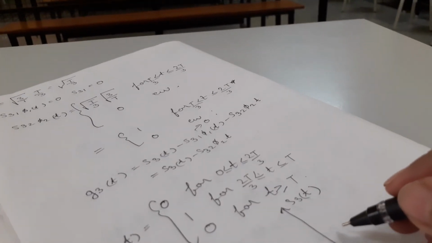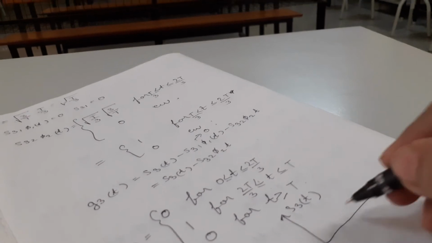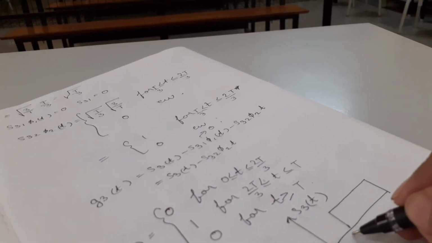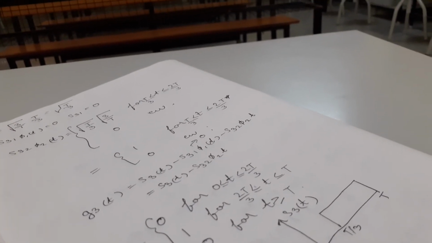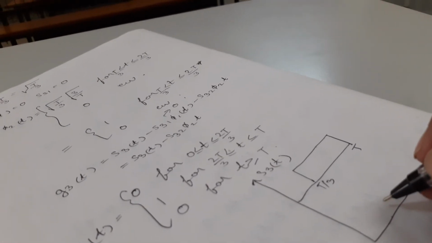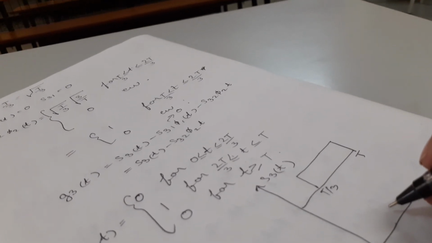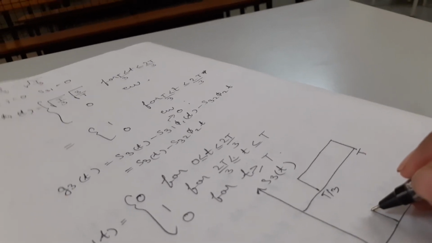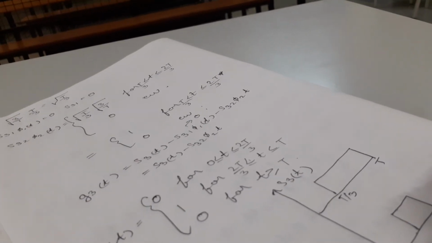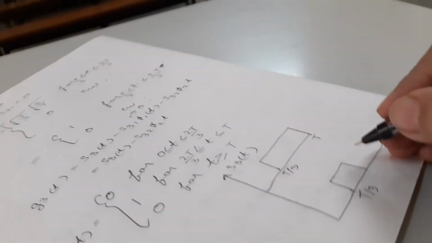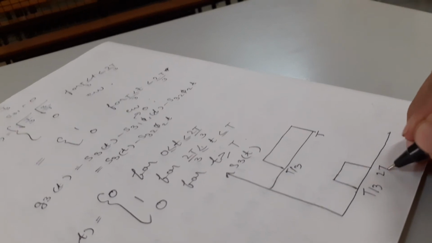S3 of t from the question itself was from T by 3 to T. This was T by 3 and this was T, and this was G3 of t, which is from T by 3 to 2T by 3.